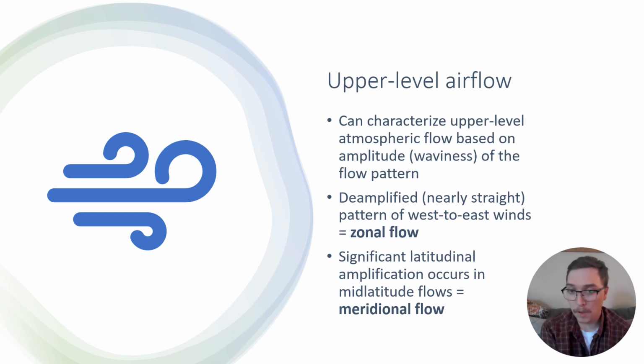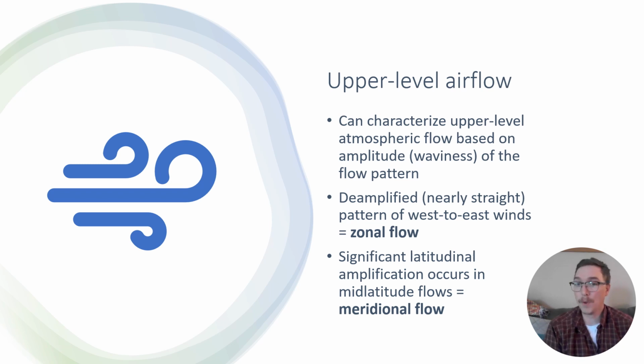So if we're looking at upper level airflow, one of the ways that we can characterize it is based on what we call the amplitude or the waviness of the flow pattern. De-amplified winds or nearly straight winds that follow a west to east pattern, westerly flow, remember, west to east, are what we call zonal winds.